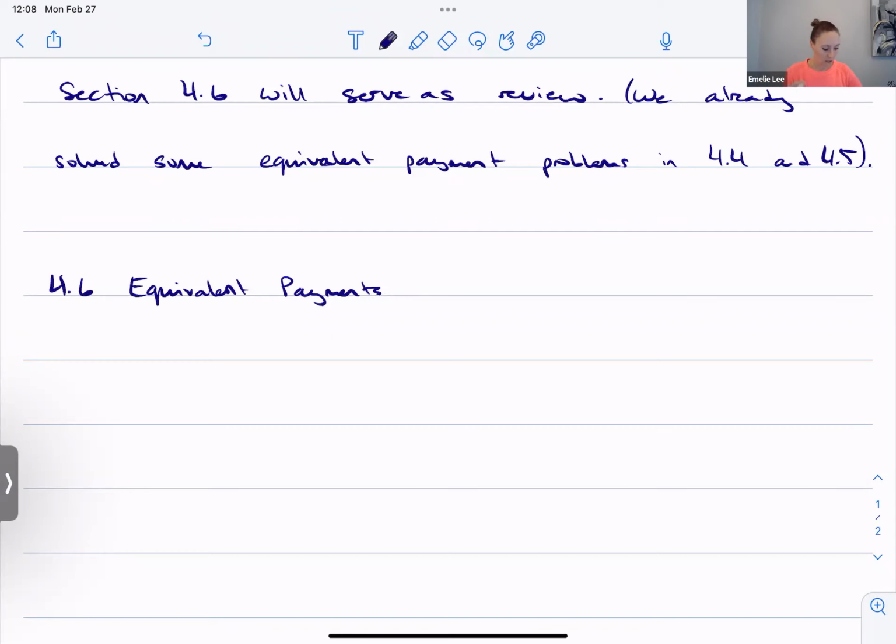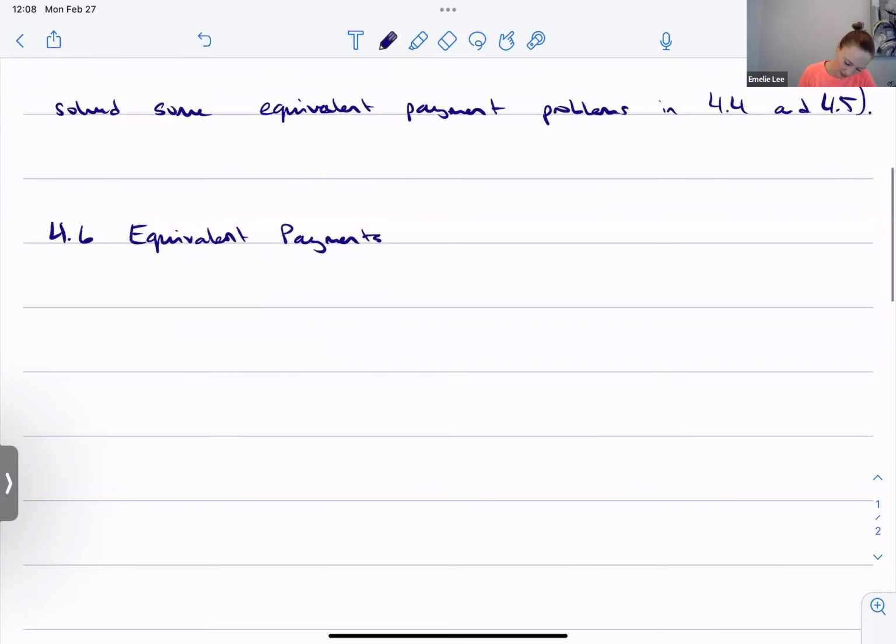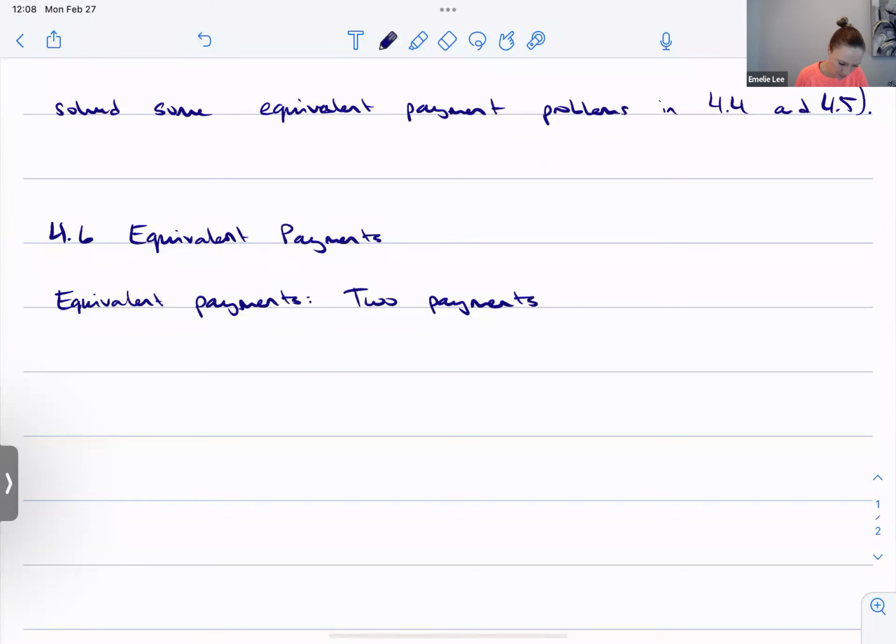Let's define equivalent payment. Equivalent payments are two payments that enable you to end up at the same dollar amount at a later date.